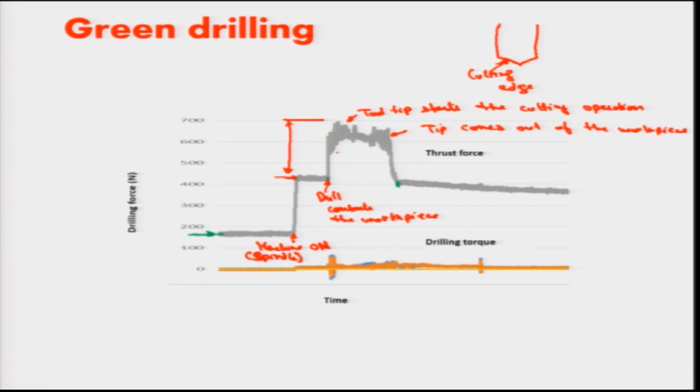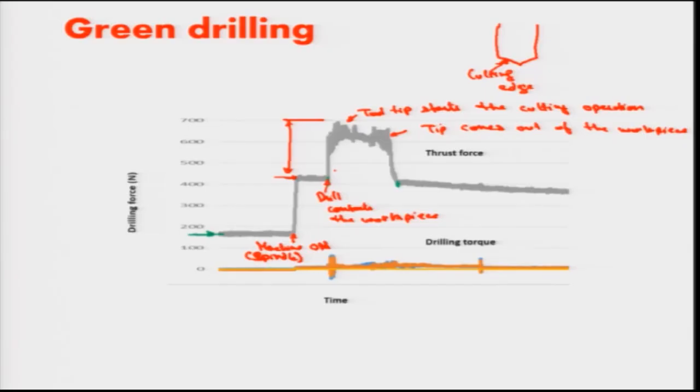So this is the point where we had a lot of noise. If workers are exposed to this kind of noise for many years, they can have some serious health hazards. So those are taken into consideration. That is why we have also tried to monitor the noise.